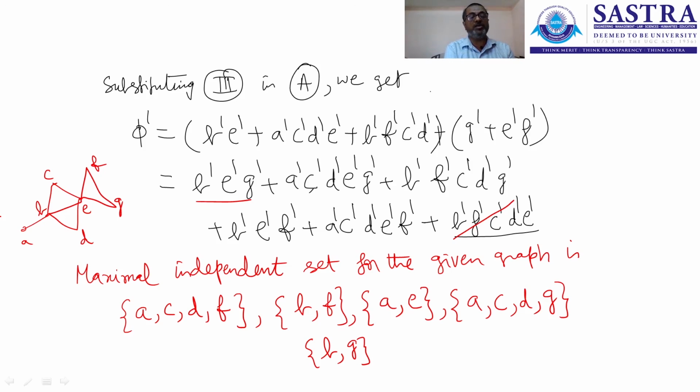Then I have B and G as another independent set. So this particular graph has got 5 maximal independent sets.